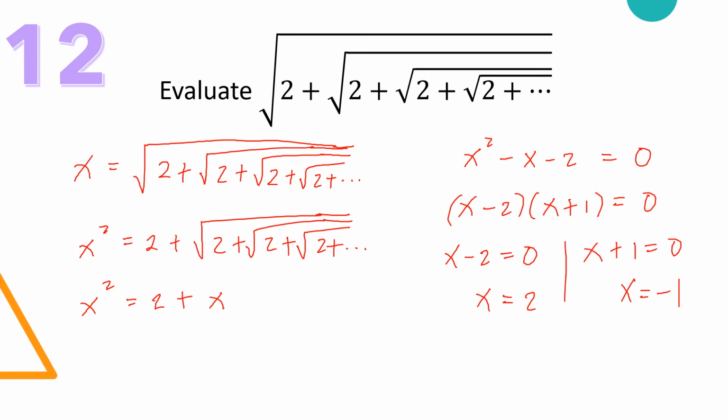Since the square root of a number cannot be a negative value, we do not have x equal to negative 1 for an answer. Then we have x is equal to 2, or the expression is equal to 2.